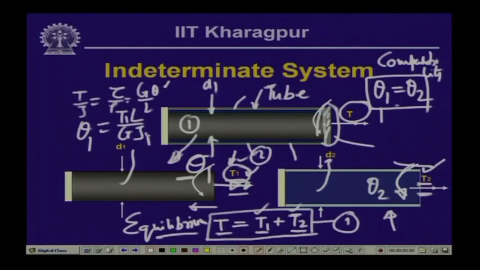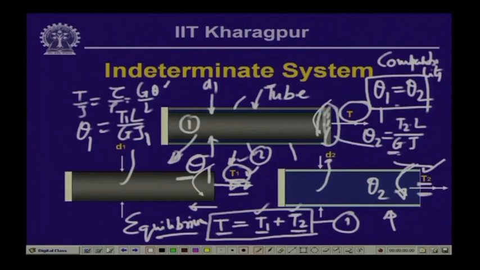The length of the solid shaft and the length of the tube are identical, and let us call that L. Here J1 is the polar moment of inertia of the solid shaft. Likewise, theta 2 will be equal to T2 L by G J2.